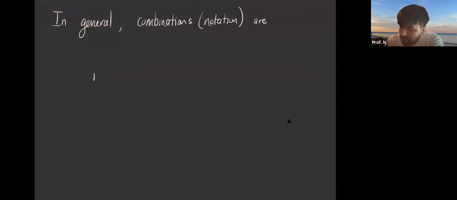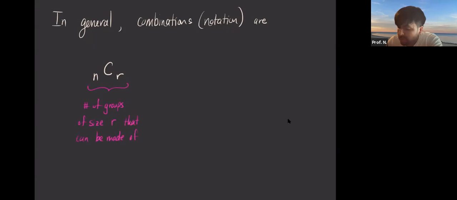And we're going to say N, C, R. And when you see this, what are you computing? You're computing the number of groups of size R that can be made out of N objects.